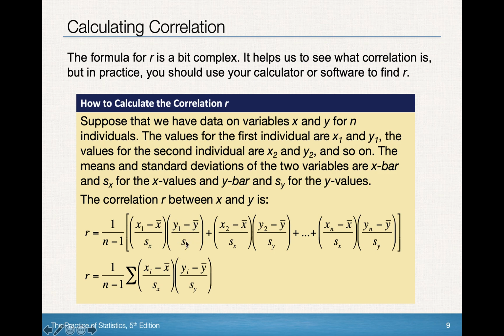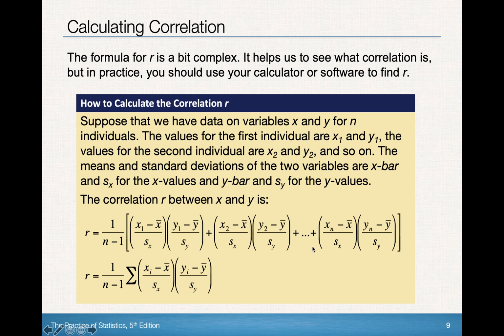You're standardizing those scores, multiplying them together, and then adding them for every single data point. When you do that, and then multiply it by 1 divided by the degrees of freedom, which is n minus 1, you get correlation. Okay, so while you're never going to use this formula, we do understand it. It's the z-scores of the x's multiplied by the z-scores of the y's, and then we add them all together.